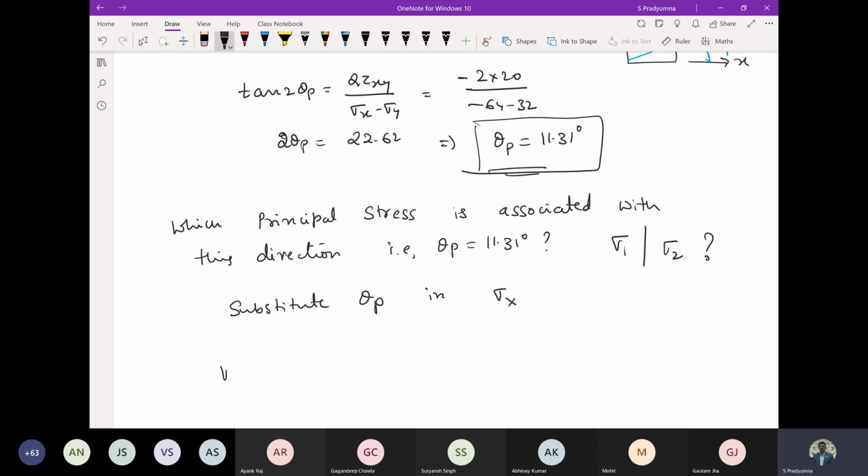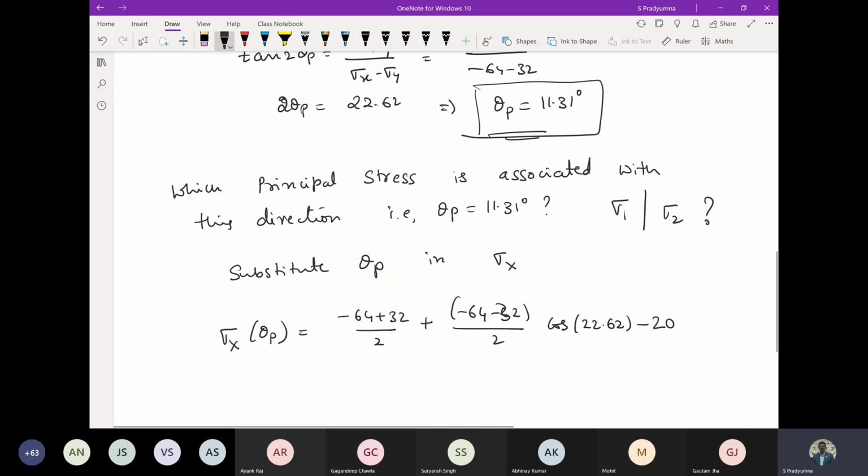I can get sigma x corresponding to theta p: minus 64 plus 32 by 2, that is sigma x plus sigma y by 2, plus sigma x minus sigma y by 2 cos 2 theta p, where 2 theta p is 22.62, minus 20 sine 22.62, because tau xy is negative.